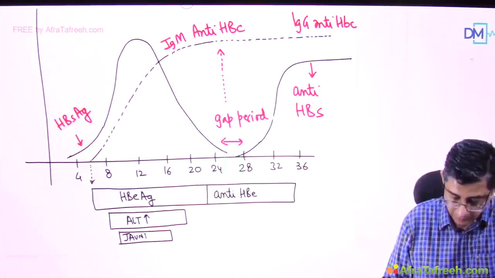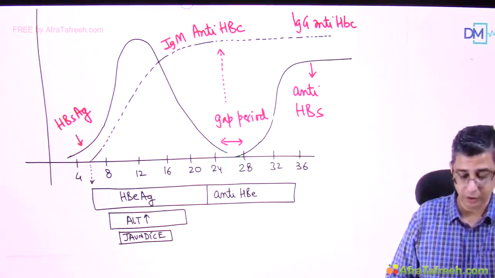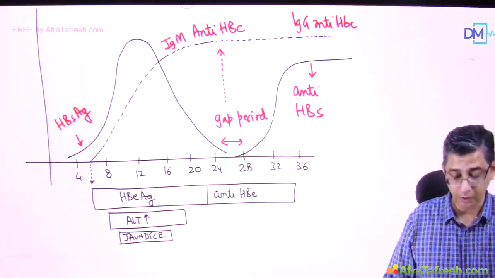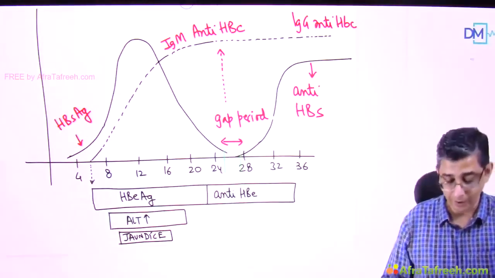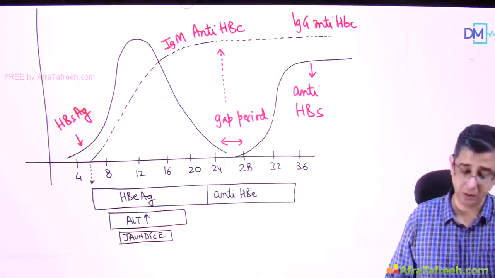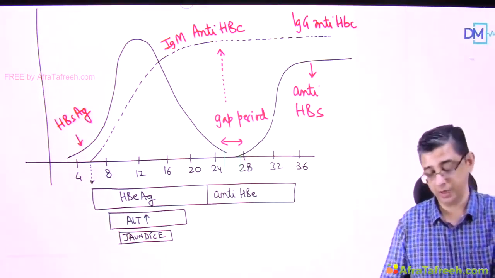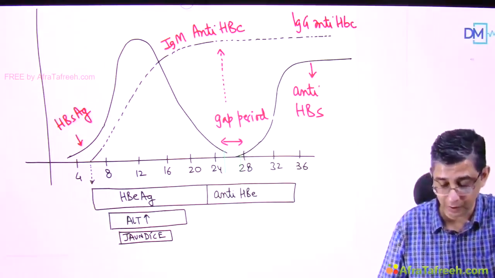You can see on a comparison basis, and I'll say that again: first is surface antigen, security system, E antigen becoming detectable, then enzymes turning positive, then jaundice. Jaundice will first disappear, then ALT will come back to normal, and then E antigen will disappear, and antibody to E antigen will start turning positive in the patient.